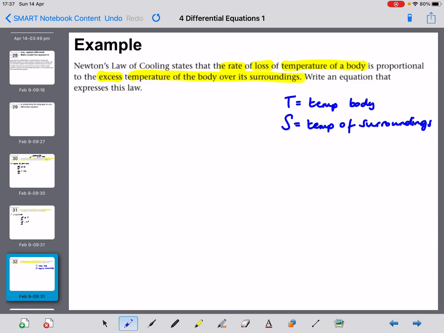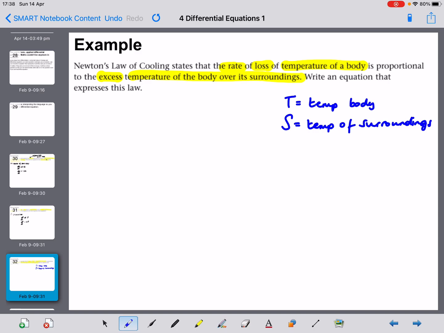To give you a numerical example, let's say the temperature of the body is 20 degrees and outside is 25 degrees, then the excess temperature of the body, there'll be a difference of 5 degrees. Okay, so we need to know what the temperature of the body is and what the temperature of the surroundings is.